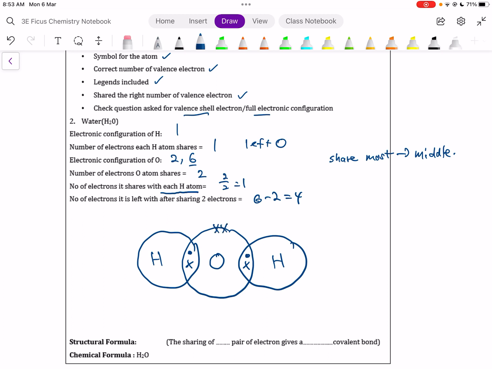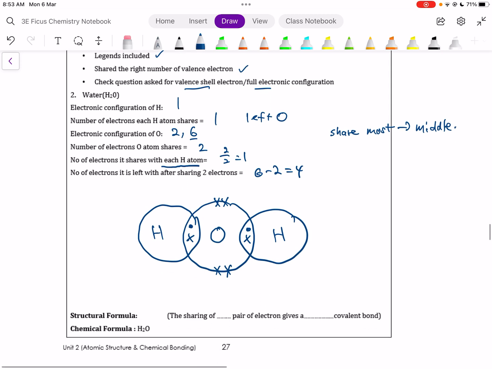Then at the 12 and 6 o'clock positions of oxygen, I put in the remaining 4 that are not shared. In this case you share 1 pair of electrons to form a single covalent bond. The structural formula will look like this, with one line on either side of oxygen, left and right.